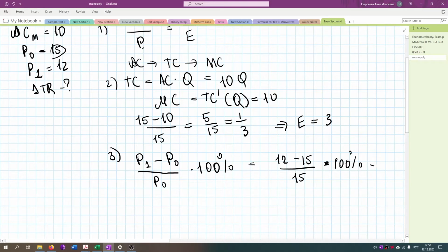And we see that in terms of percentage change, the price dropped by 20%. And each percent gives us E equal to 3.